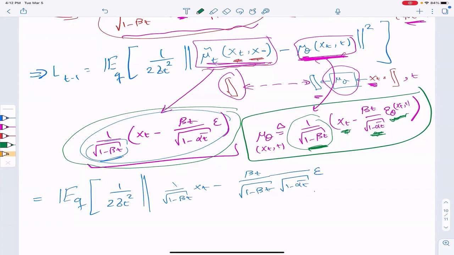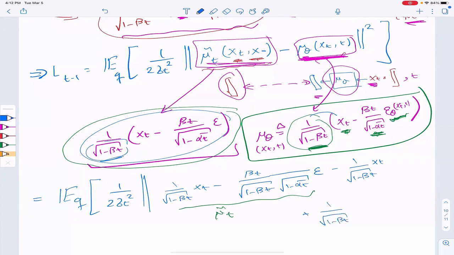So this guy is nothing but my mu hat of t, minus my mu theta, which is what? So that's the first term, minus times minus plus, times beta t divided by 1 minus alpha t bar times epsilon theta of xt and t.